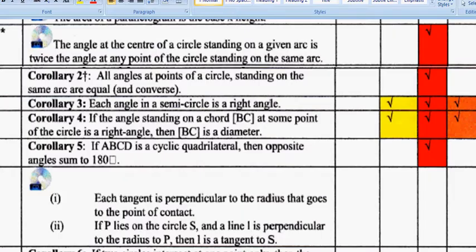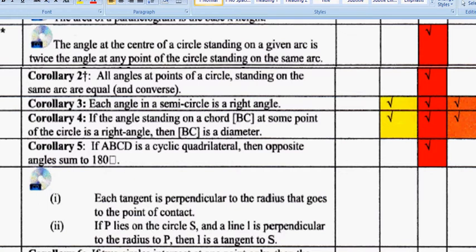It's this one here: the angle at the center of a circle standing on a given arc is twice the angle at any point of the circle standing on the same arc. It's theorem number 19. Now the one we're really looking at is a corollary of that, corollary number 3: each angle in a semicircle is a right angle. So it's this theorem and its corollary number 3.